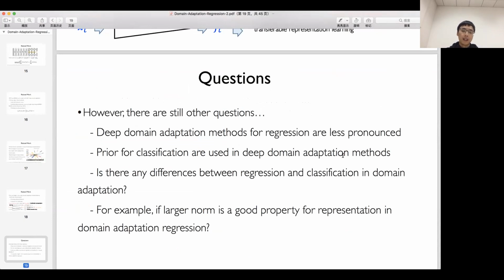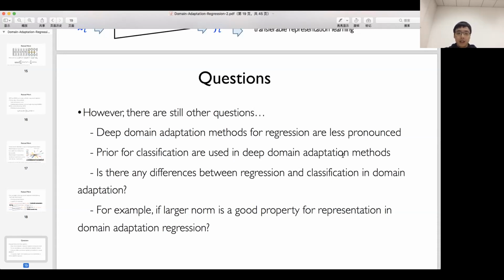For example, we find that all these methods work well for classification tasks, but deep domain adaptation methods for regression are less pronounced. So we want to ask if there are any differences between regression and classification in domain adaptation.